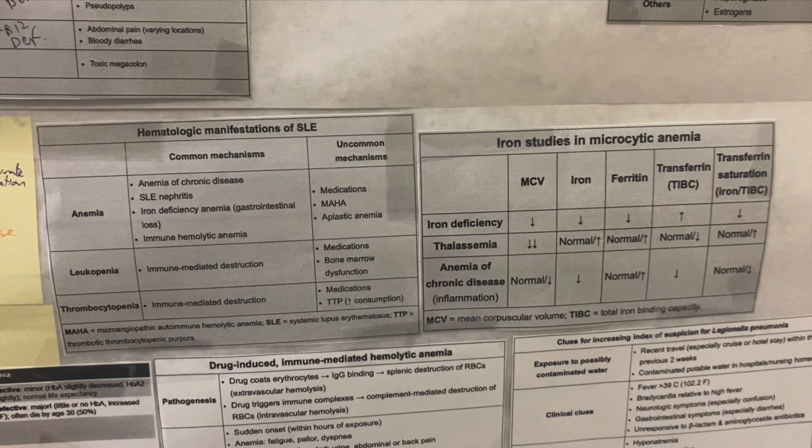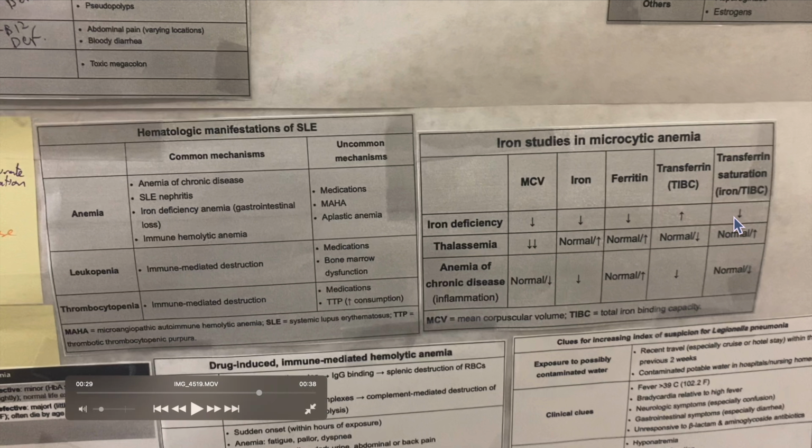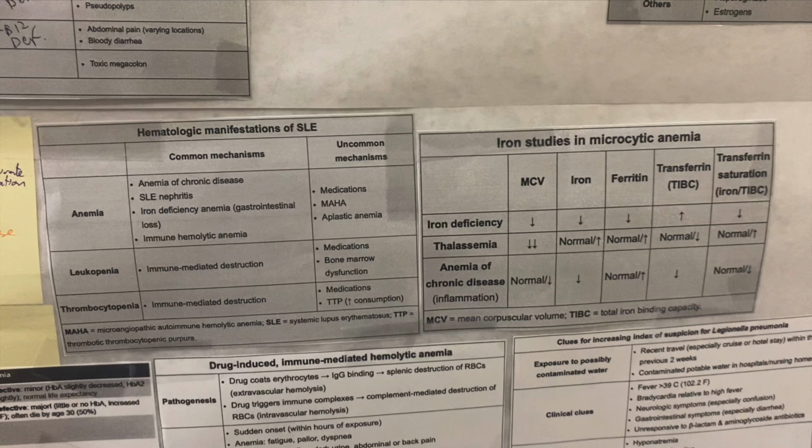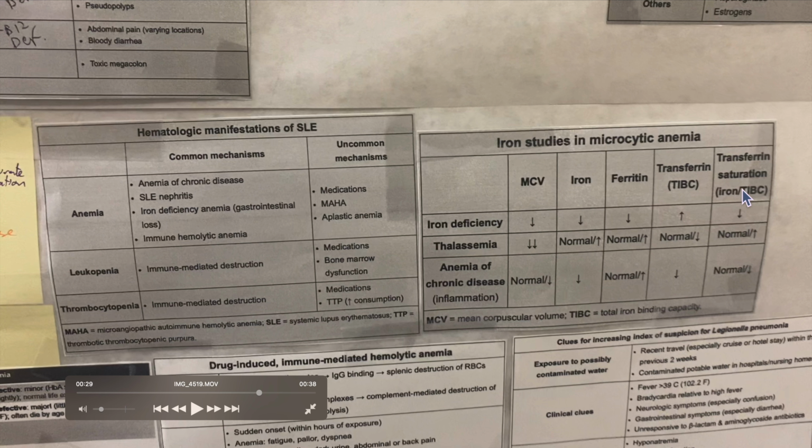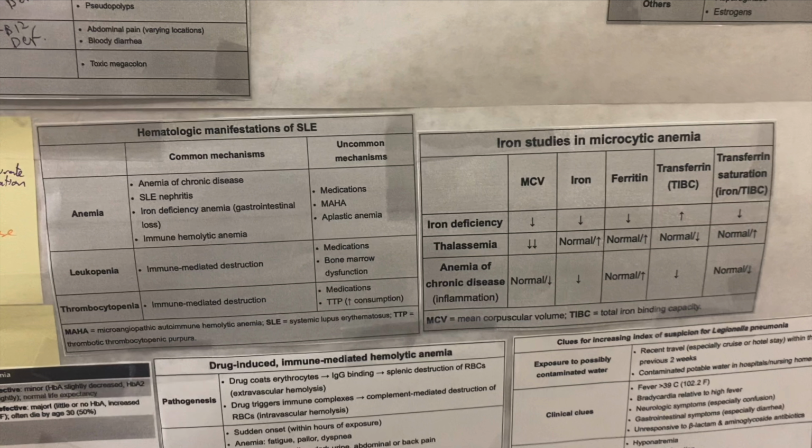The taxis are going to be empty, and there are going to be plenty of those. And transferrin saturation, the taxis are going to be empty, right? So there's going to be a very low amount where there are passengers in those taxis. So transferrin saturation is going to be low. That's what it means. It's where iron is bound to TIBC. You will find very few of those.